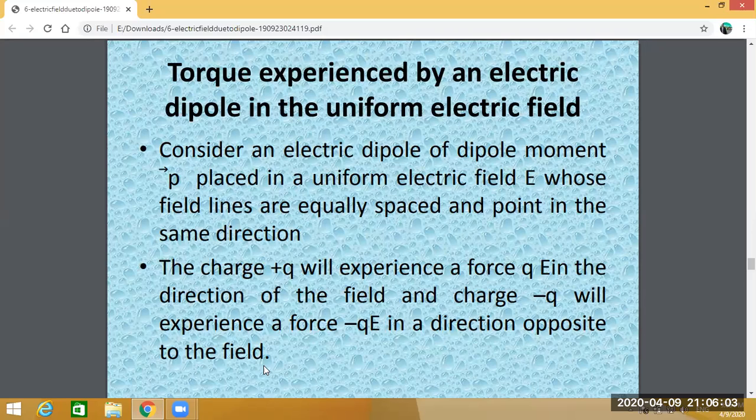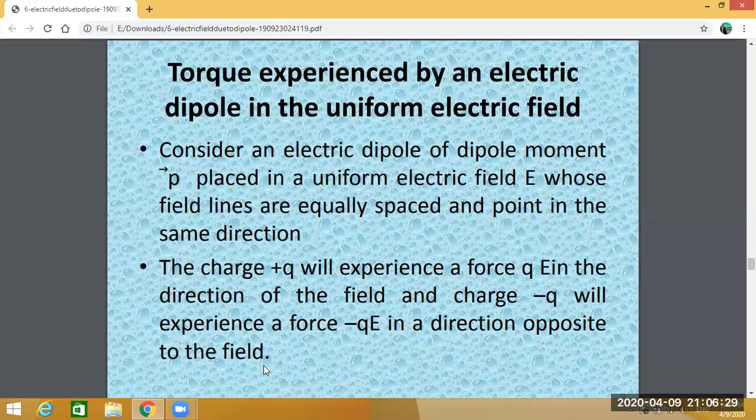So when this system is placed in a uniform external electric field, then positive charge will be pushed in the direction of the external electric field, while negative charge will be attracted in the direction opposite to the external electric field.